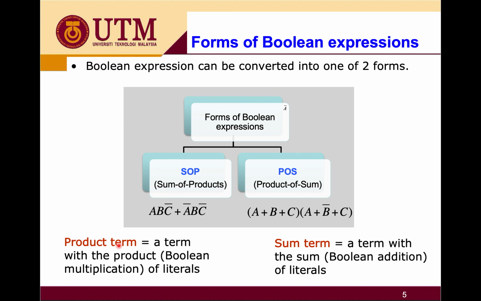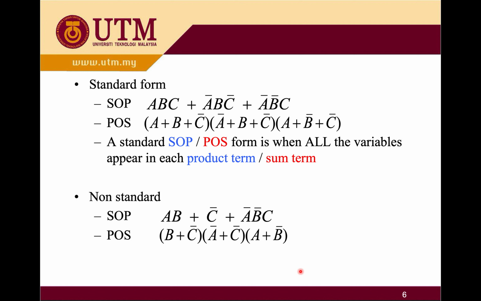So a product term is a term with the product, which is Boolean multiplication of literals, while a sum term is a term with the sum, Boolean addition of literals. So this is the standard form and also non-standard.